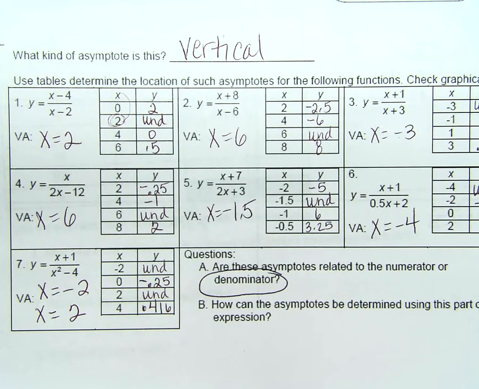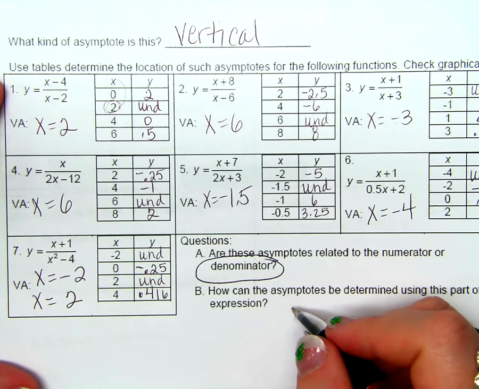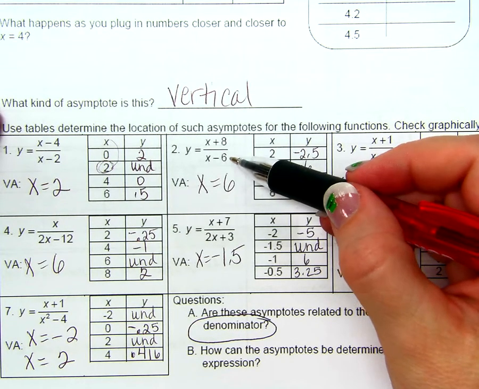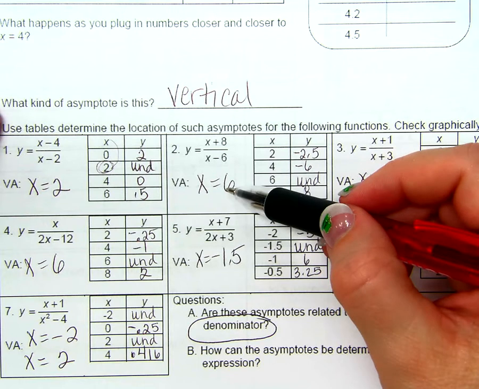How can the asymptotes be determined using the denominator? You said if you already know it and you plug it in, it gives me the denominator equal to what? 0? So how could I figure it out just looking at the denominator without having to know it first? But I don't know it, so I can't plug it in. What do I do with this denominator to give me an answer of x equals 6?